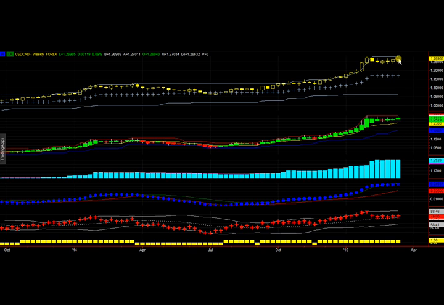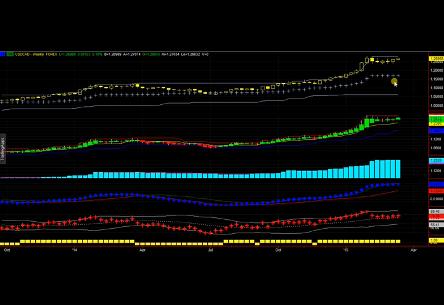Should we close on any week above that high from a few weeks ago, that would open the door for another leg up for the US dollar versus the Canadian dollar, and you probably will see some increased buying pressure in the US dollar versus the CAD. So for now, extremely bullish picture for the US dollar versus the Canadian dollar.